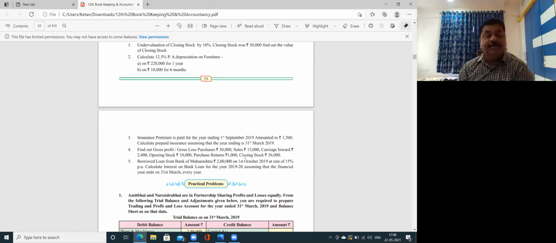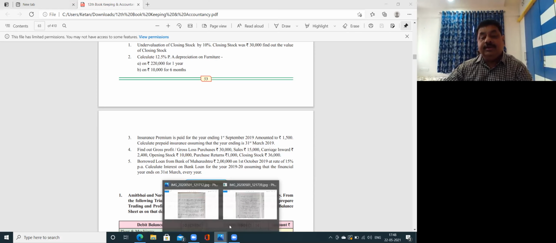Starting on 1st September, 12 months are completed on 31st August. The year ending here is 31st March. So from 1st September till 31st March, how many months are there? And from 31st March till 31st August, how many months are there, which is becoming prepaid? So let us see how to calculate.